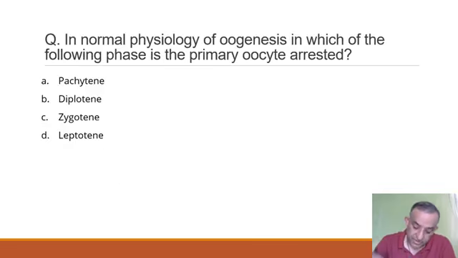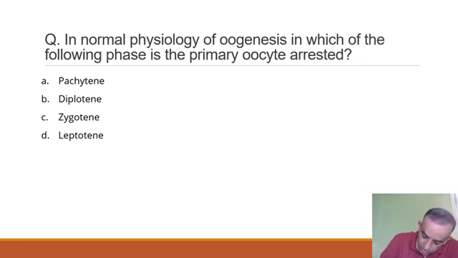In normal physiology of oogenesis, in which phase is the primary oocyte arrested? When a girl is born, she is born with something like 1 or 2 million primordial follicles, and out of that, she is left with around 3 or 4 lakh primordial follicles at puberty, from when she starts ovulating. These primordial follicles are arrested in the prophase of the first meiotic division.